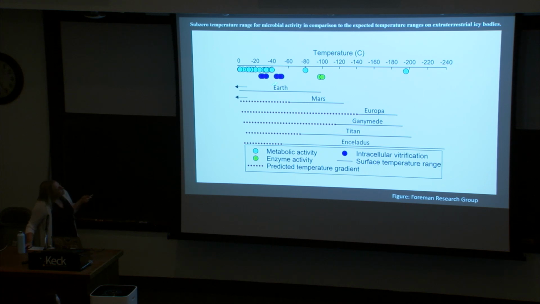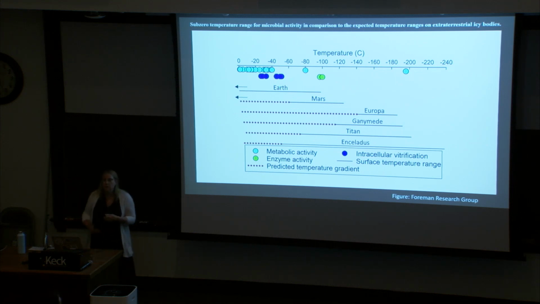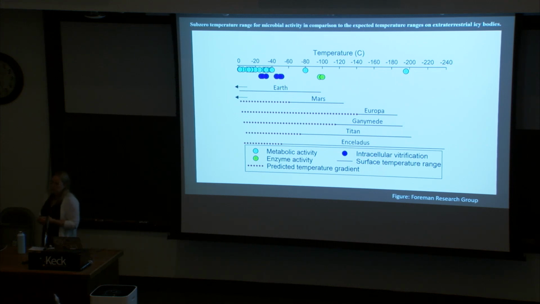The blue represents studies of intracellular vitrification, and the green would be enzyme activity down to about minus 100. These are the ranges for Earth. The lowest temperature recorded on our planet was at Vostok Station, minus 98 degrees Celsius. So we can extend where that temperature range is for Earth.